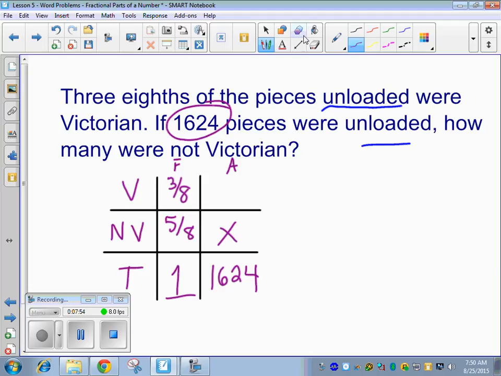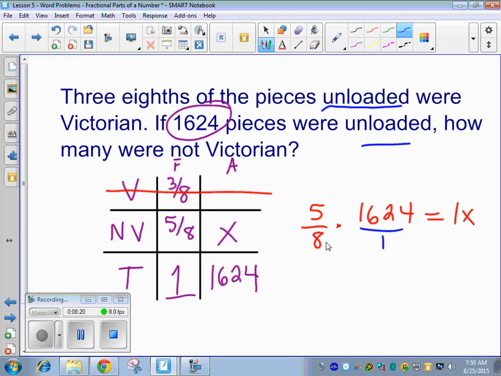And we cross off the top. Boom. Goes away. And then we cross multiply. So I'm going to do this times this. 5/8 times 1,624 is equal to 1 times x, which is really just x. Okay. Instead of putting this in your calculator, you probably could pretty easily divide the 8 into these numbers, right?